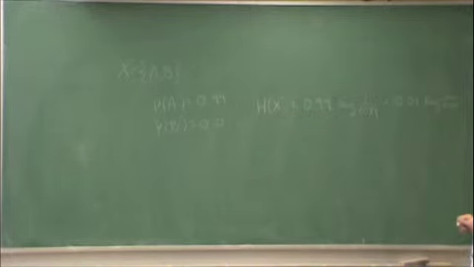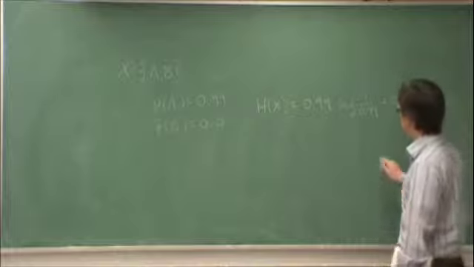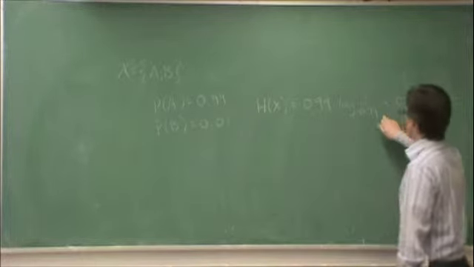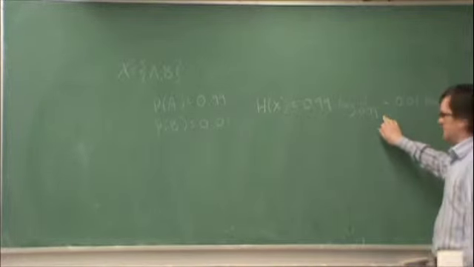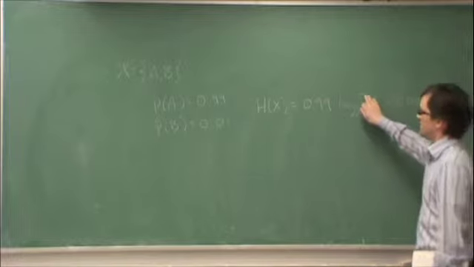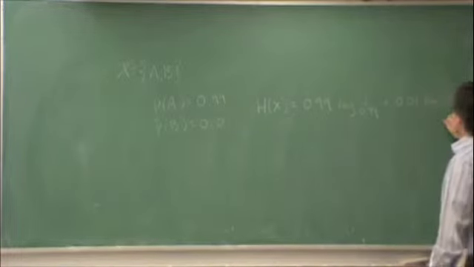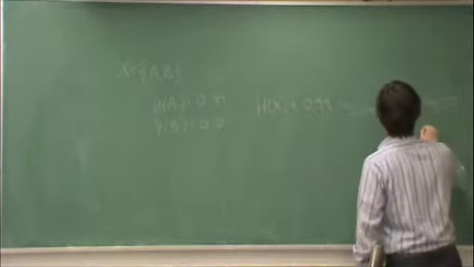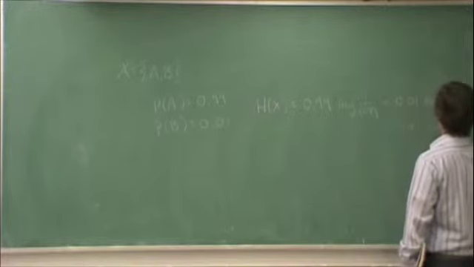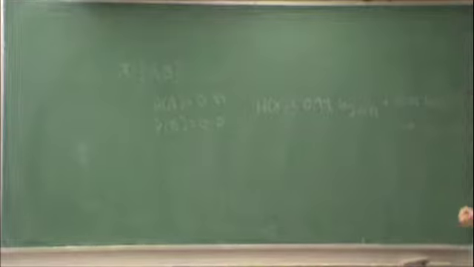I didn't bring a calculator with me, but I'm going to estimate this. This term, 1 over 0.99, is approximately equal to 1, so this term is approximately equal to 0 because log 1 is 0. And 0.01 times log, this is basically log 100.